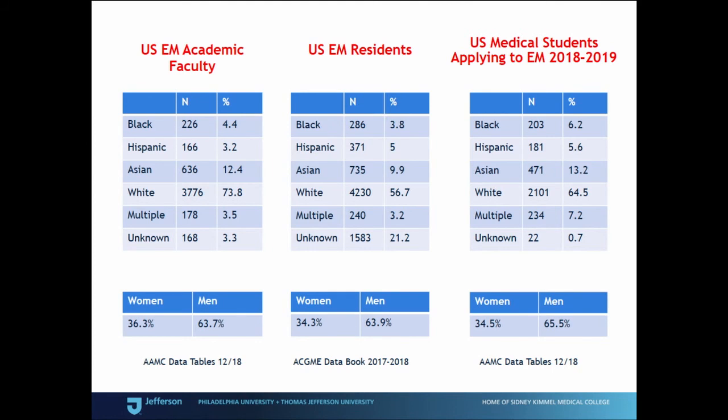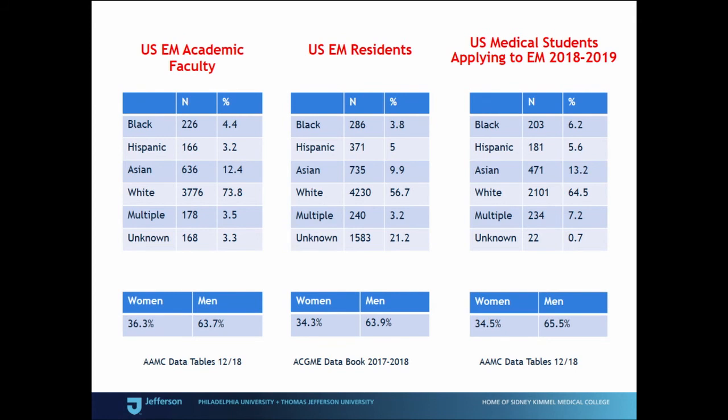We don't have a very diverse faculty in emergency medicine. You look at the gender numbers, you can see the gender numbers there. It's not a surprise that our residency programs look like this, and then this is the supply, so it almost mirrors it all the way through.